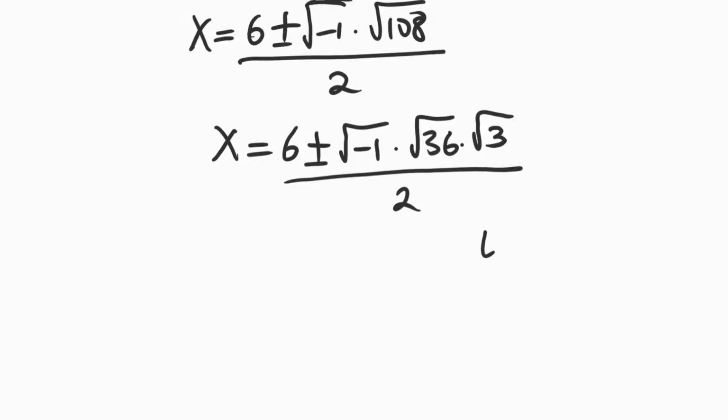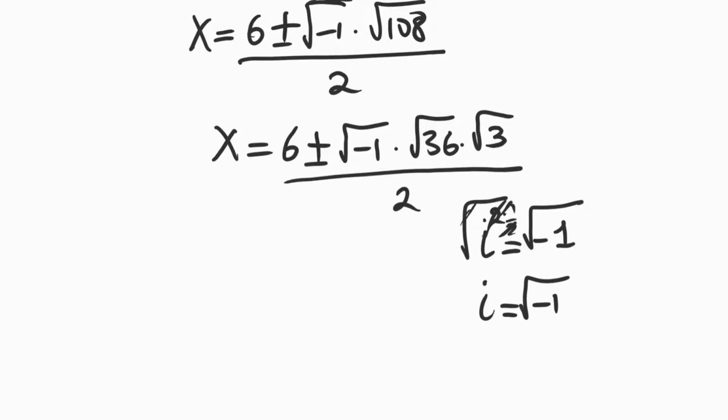Now we know that the imaginary number i squared is equal to minus 1. And to get i, we apply square root to both sides. That cancels out because square root is the same thing as raised to power half. So the i is equal to the root of minus 1. So wherever there is a square root of minus 1, you represent it with i.